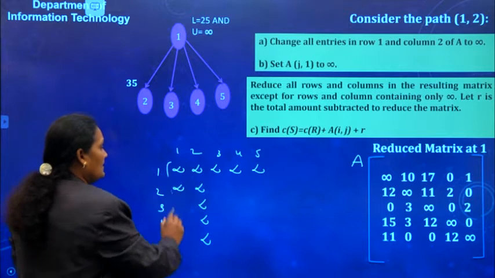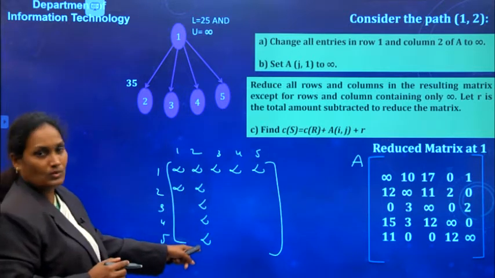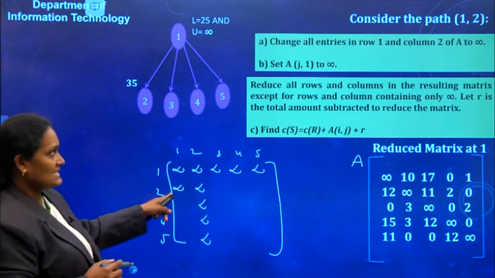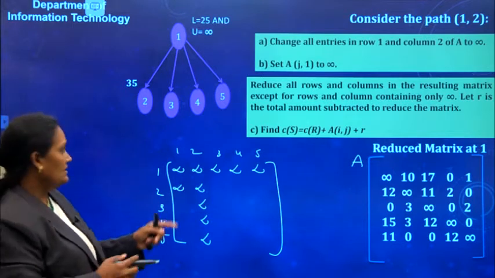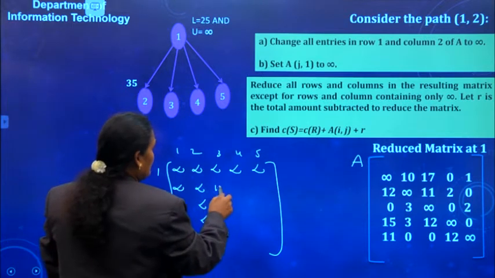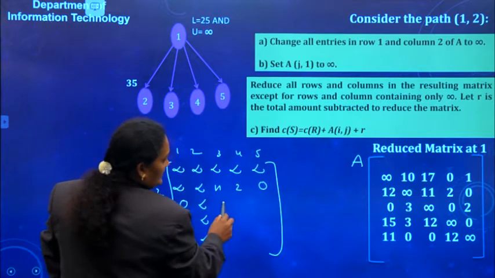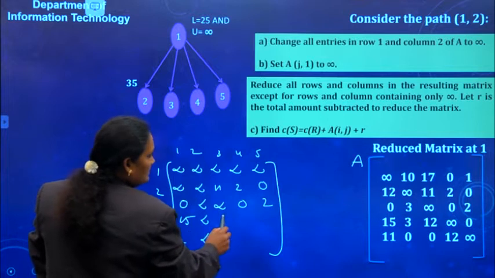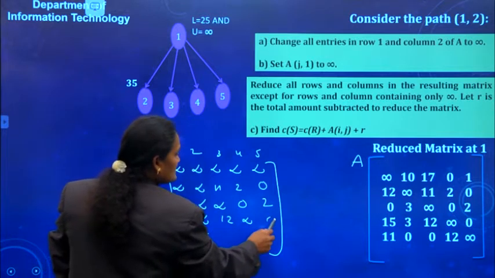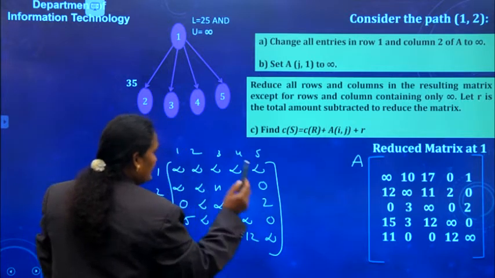Now I made row 1 and column 2 infinite and 2, 1 as infinite, and consider the remaining elements as they are: 11, 2, 0, 0, infinite, 0, 2, 15, 12, infinite, 0, 11, 0, 12, infinite.